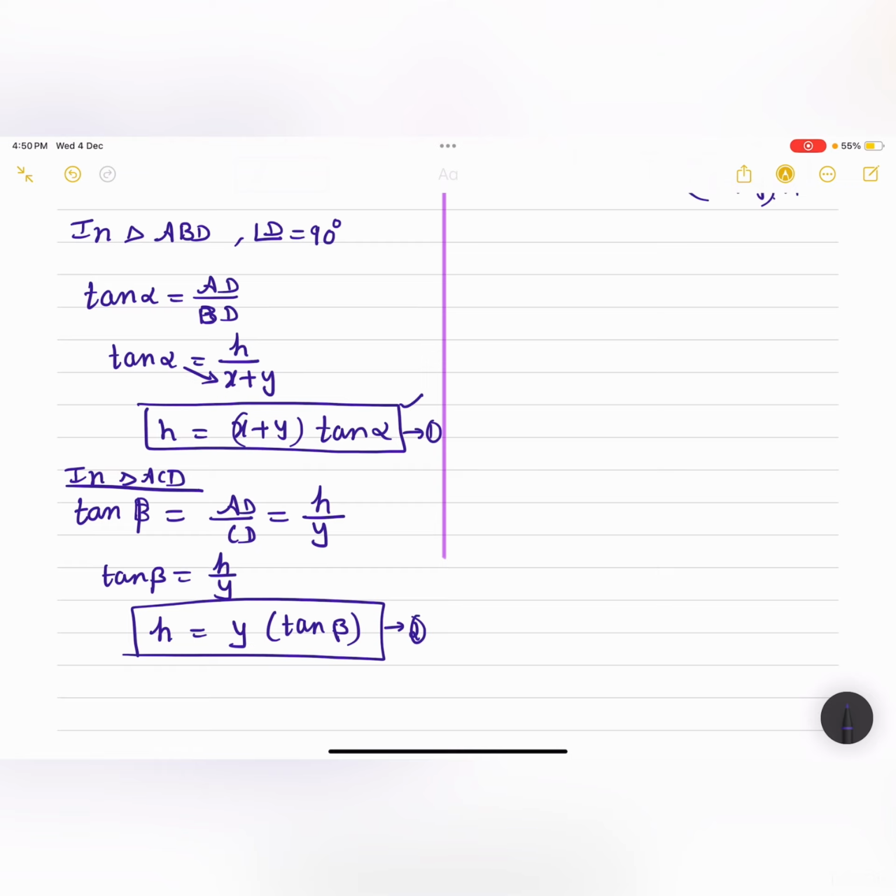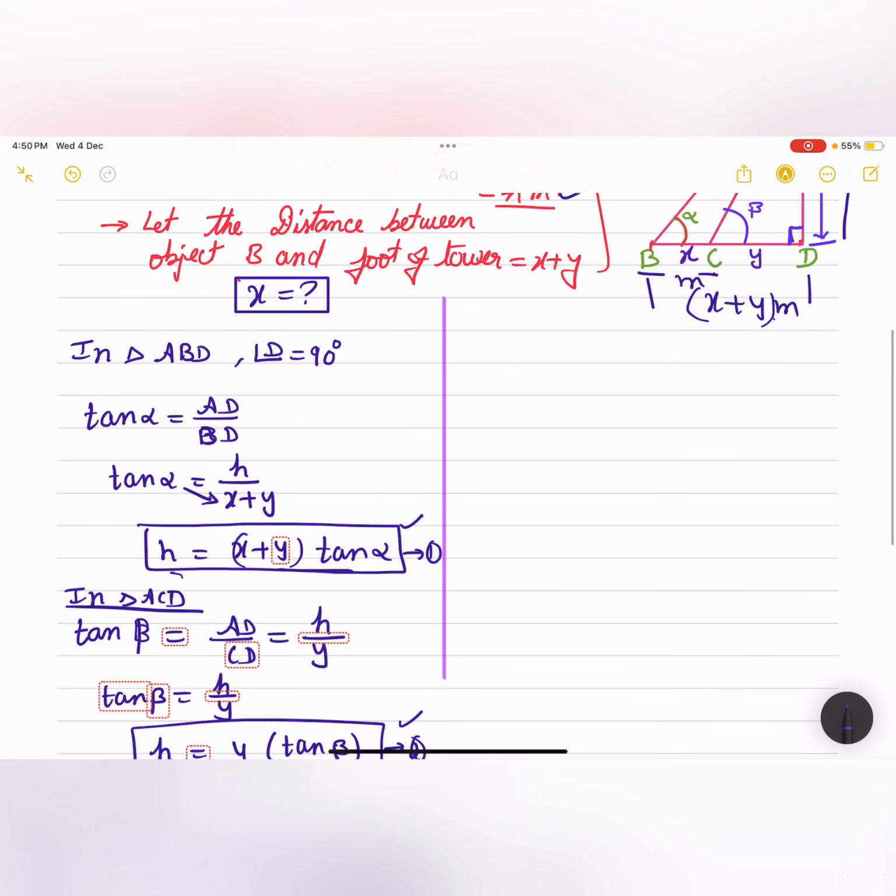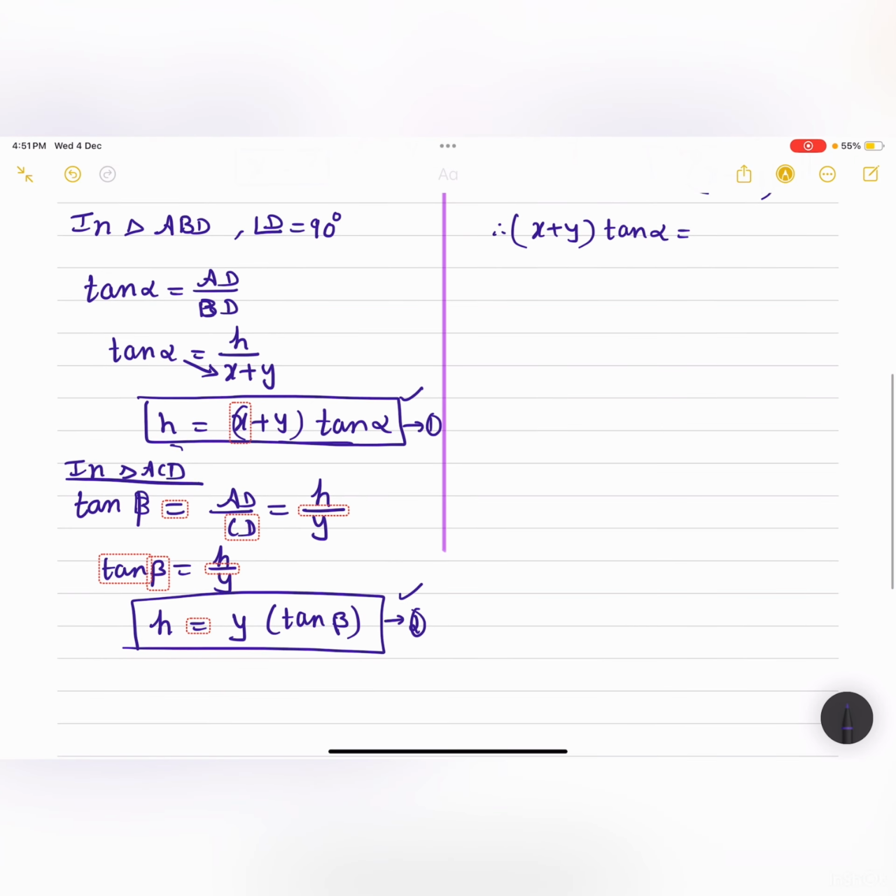From these two equations 1 and 2, we can equate them because both are equal to h. Things which are equal to the same thing are equal to one another. Therefore, x plus y into tan alpha is equal to y into tan beta. Now we can multiply the terms: x into tan alpha plus y into tan alpha is equal to y into tan beta.